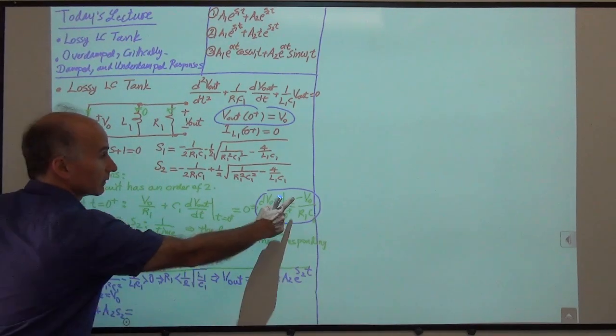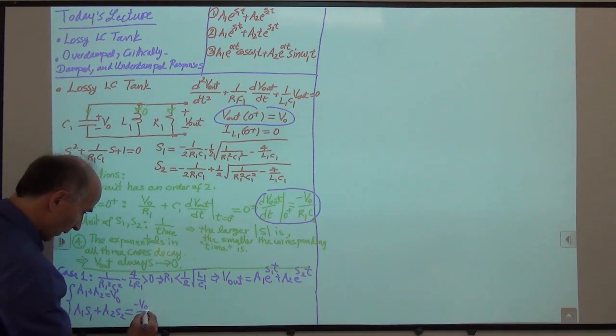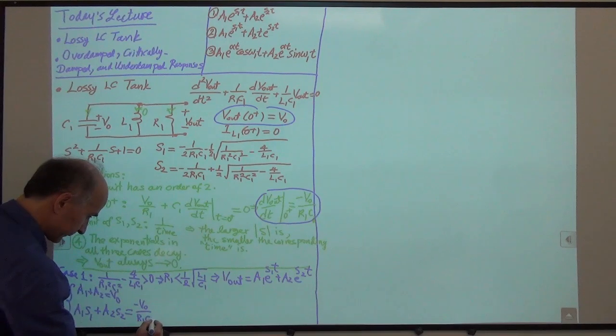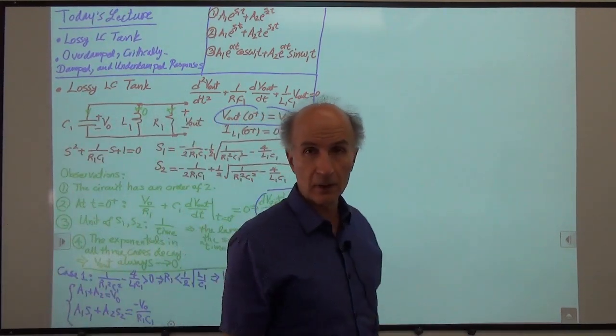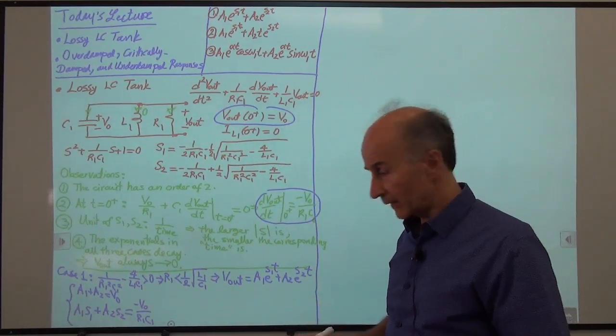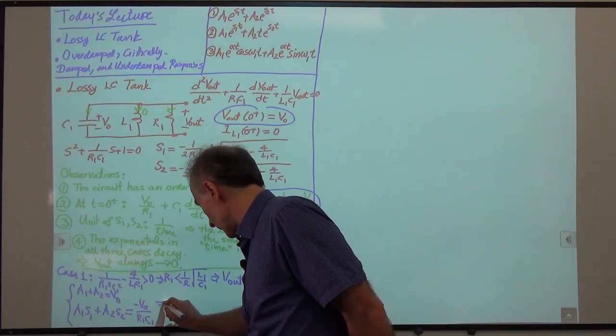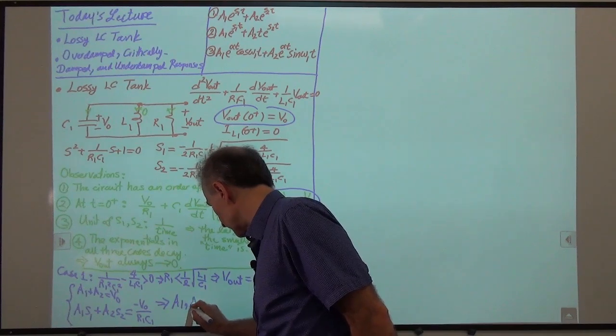This has to be equal to minus V0 over R1C1. All right, so that is the second equation. So we just go ahead and solve these two and we find A1 and A2, right? I won't bother with the details, so I just say that from these two, we can find A1 and A2.